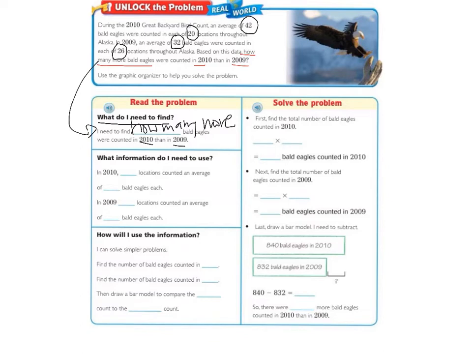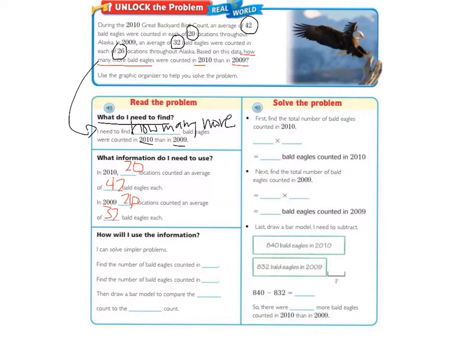All right, and now they're going to get to the numbers. So in 2010, it said that there were 20 locations, and they each counted an average of 42 eagles. And then in 2009, there were 26 locations, and they each counted an average of 32 bald eagles.